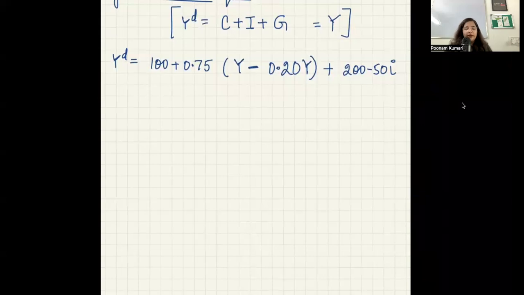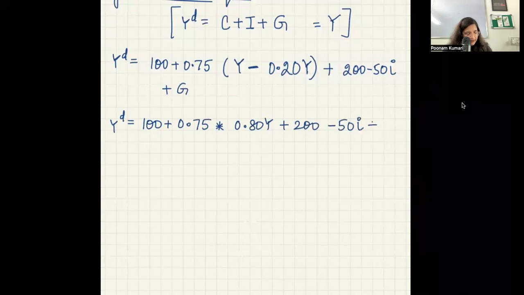And after that, what do we do? So we had a government spending component also, so let's just write G for now. Okay, so my aggregate demand is 100 plus this is 0.75 and this is multiplied by 0.80y plus 200 minus 50i plus G. Okay, this is what it is.